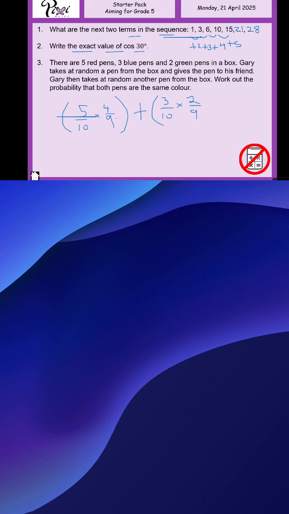Then plus, if I take a green pen, that'll be 2 over 10 multiplied by 1 over 9. So are we happy where these have come from, guys? Yeah, that makes sense.